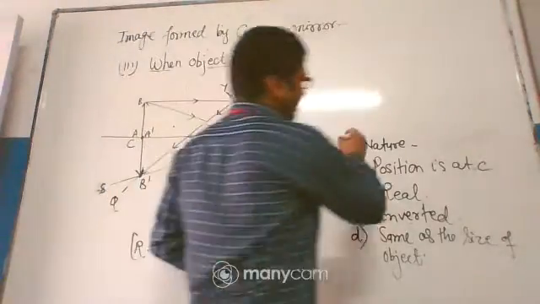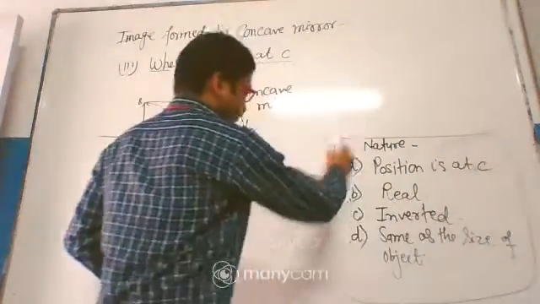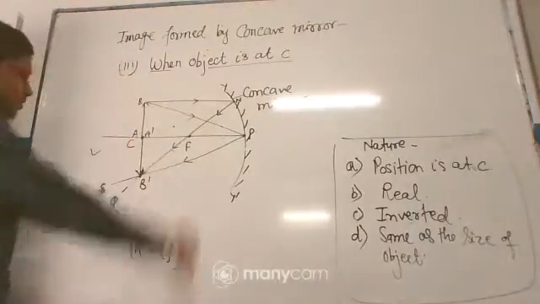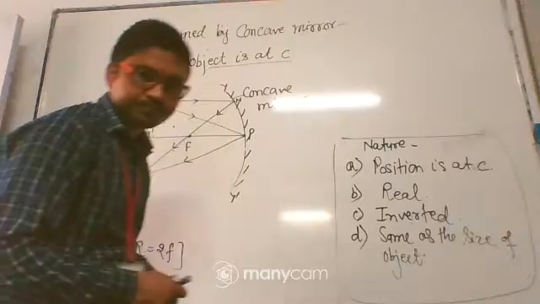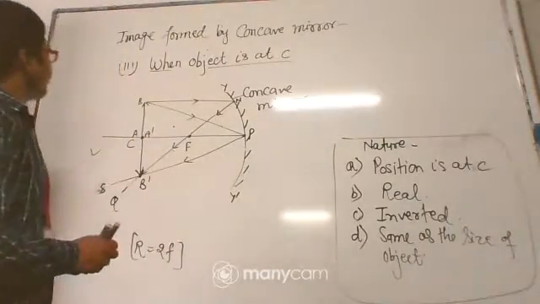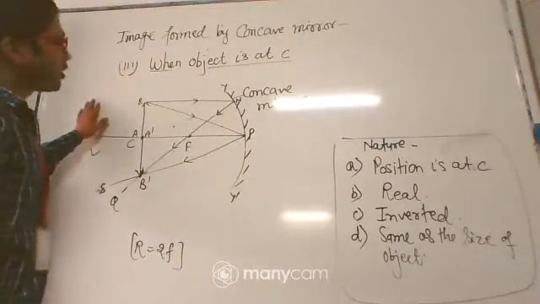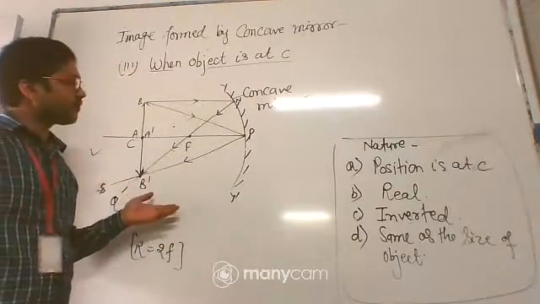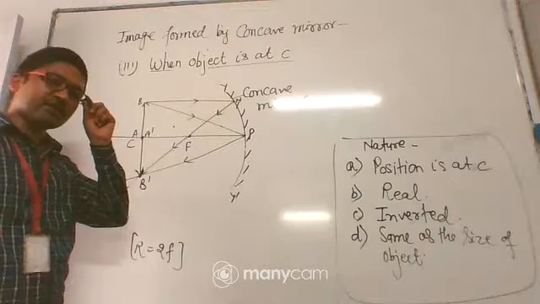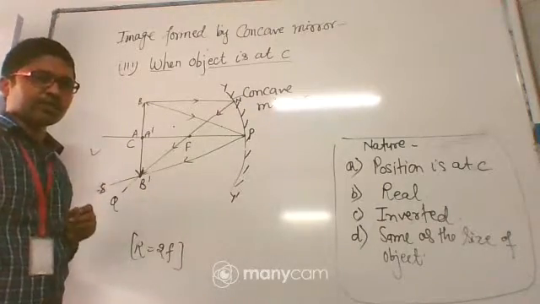So you should note it down and draw the diagram for this case. So pause your video and note it down. This is a very important topic. We are continuously studying the topic, that is the image formed by the concave mirror, or you can say concave surfaces, right?